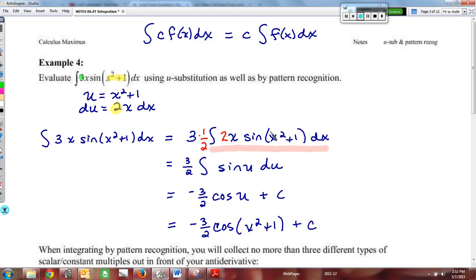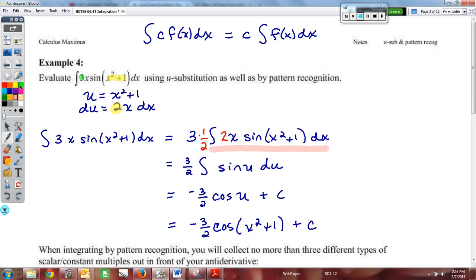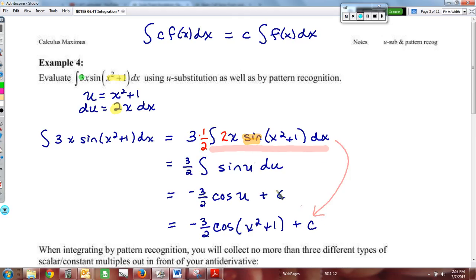I ignore the stuff on the outside, I pack it back up, and then I just take the antiderivative of the sine function, because that's the most important part of this. That's the f that I'm looking at, and I go straight from here to here. So I skip the steps in the middle. They're maybe clarifying steps, but they're not necessarily something you need to write down.